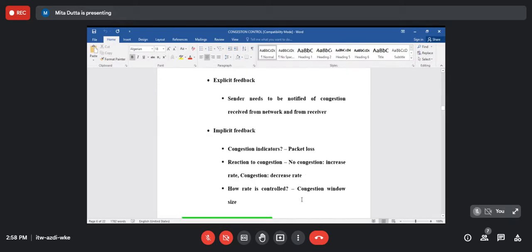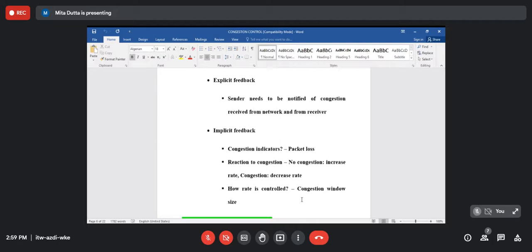And how the data rate is being controlled with the help of congestion window size. Just like in flow control, we have seen in the sliding window protocol that we have to choose a window size, and how the window size will move.